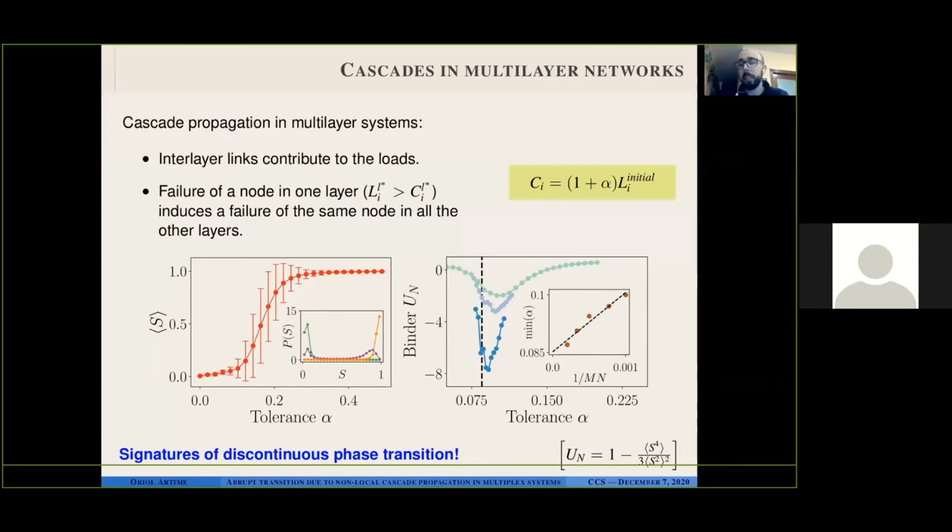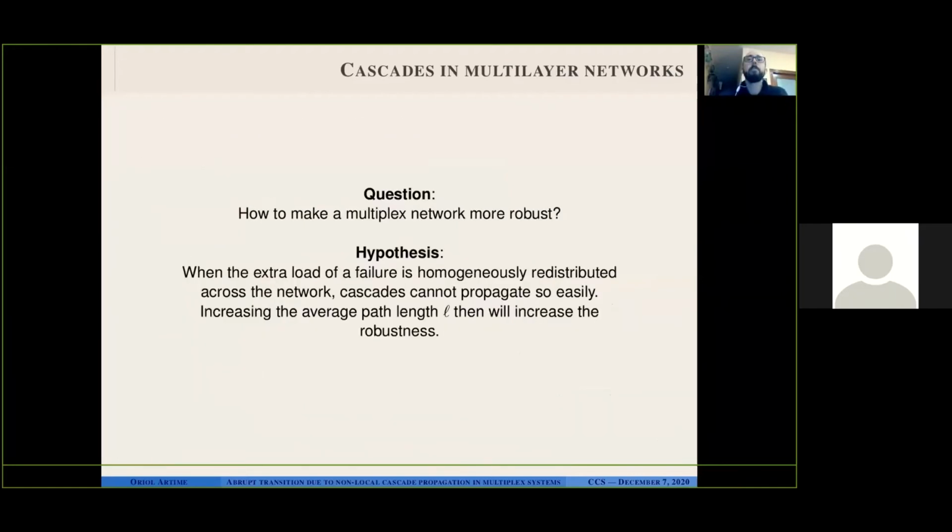If you are interested in the article, we show other methods. We numerically prove that this phase transition is quite robust, it is discontinuous, and it is not a finite size artifact.